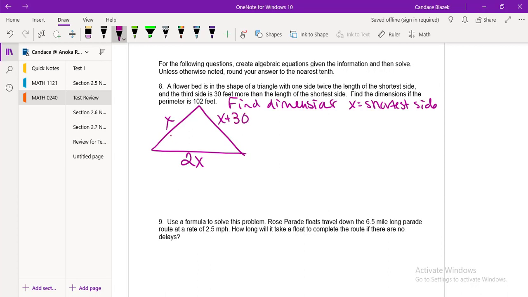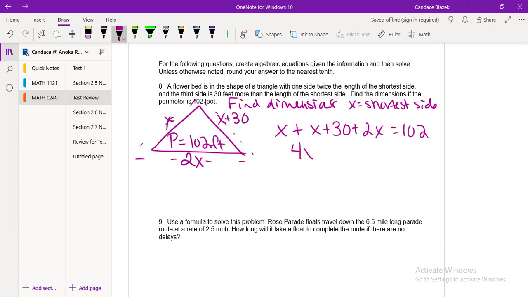Now the perimeter is equal to 102. All right, now the perimeter means it's the distance around. So it would be the sum of the 3 sides of the triangle. When I add the distances together, I'll start with the x plus the x plus 30 plus 2x is equal to 102 feet. That is the perimeter.